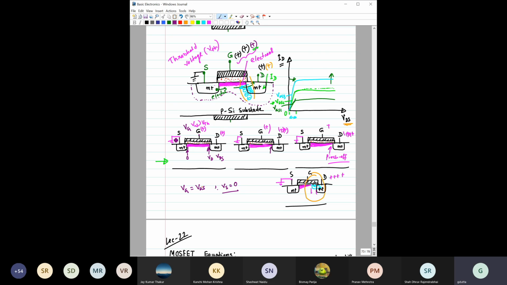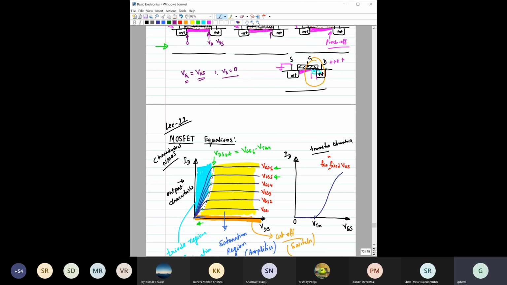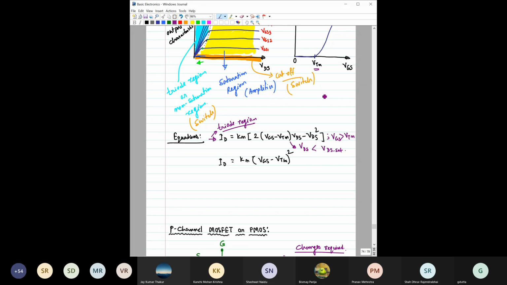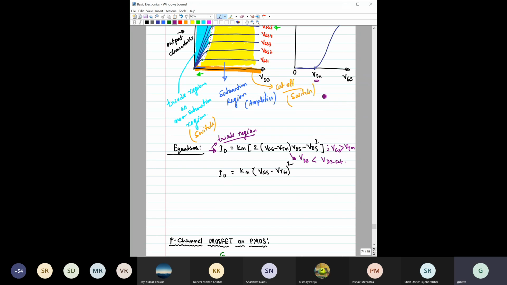If you have grounded the source, then the gate potential is equal to the gate to source potential. So if you have some confusion, you can also write VGS greater than VTN, and VTN is the threshold voltage. VTN is the voltage beyond which the transistor will start conducting. Is this fine?